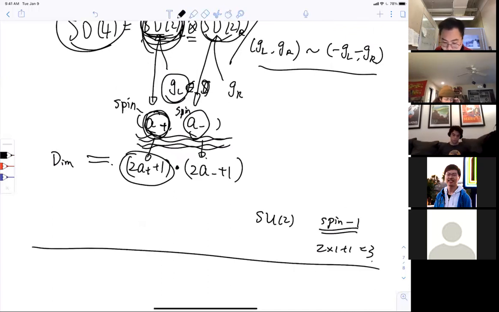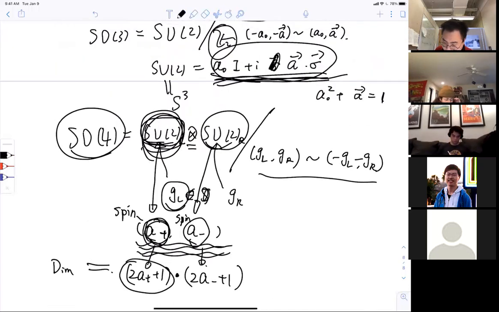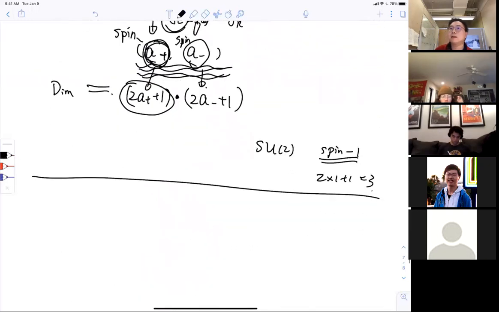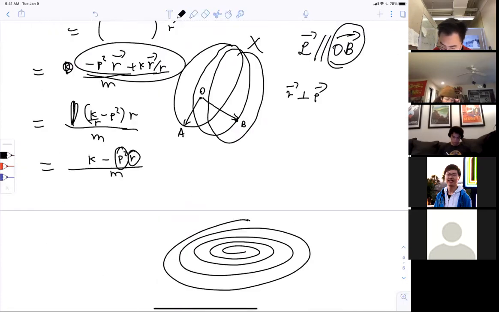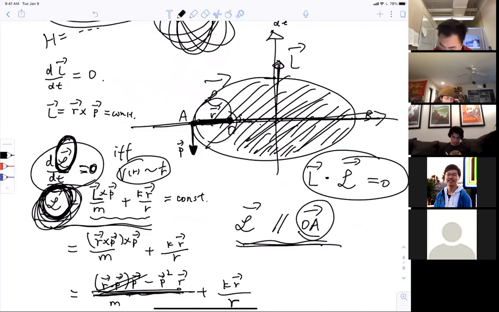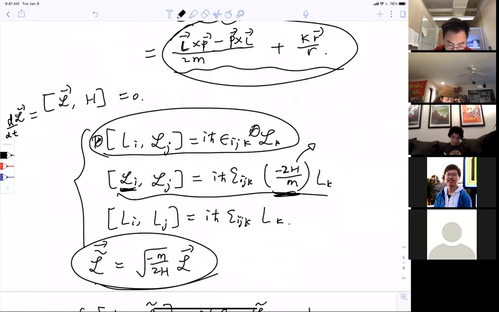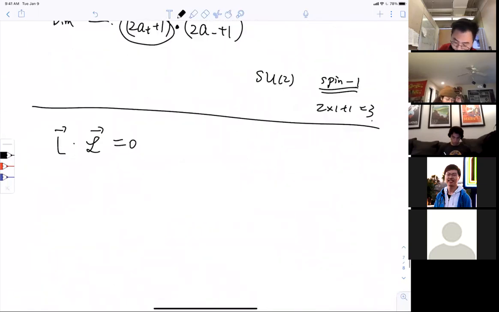Okay, here's some group theory analysis. Now let's make a connection to what we know. One thing you can verify is that L dot the other vector, call it kernel L, is 0. At the classical level, like I said before, it's very obvious because they're perpendicular to each other. At the quantum level, the dot product is also 0, but in this case, you need to work out the algebra.